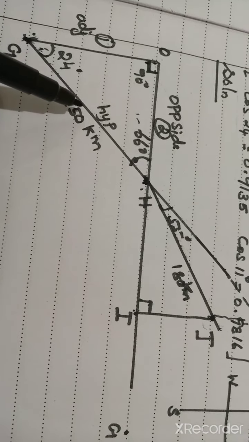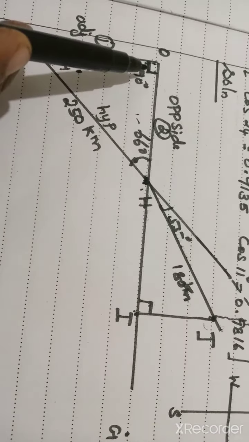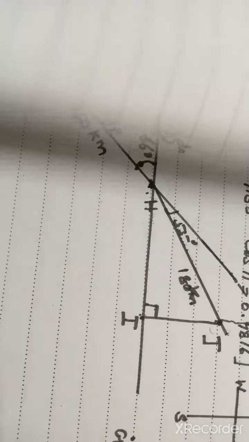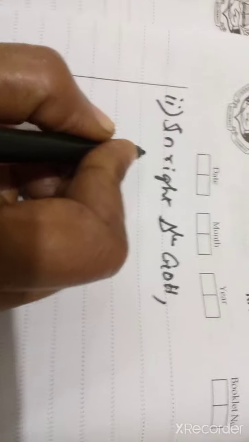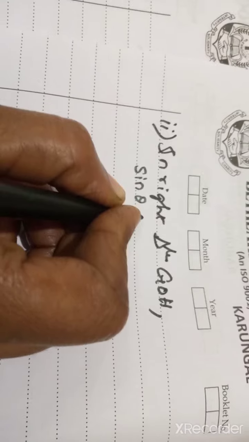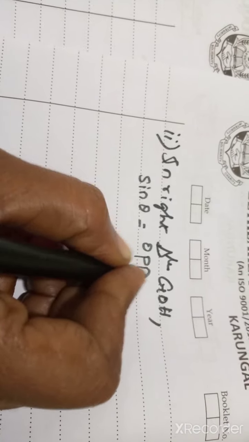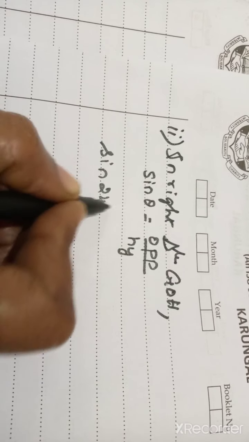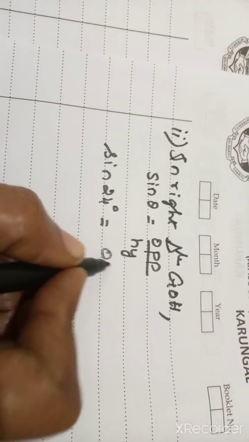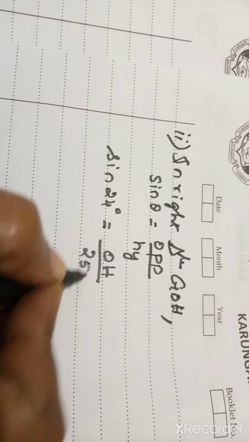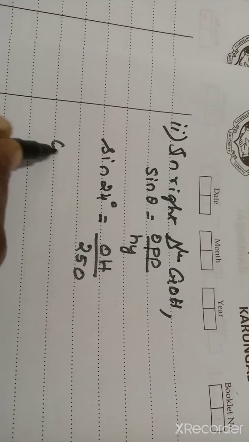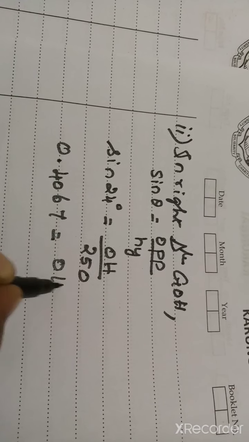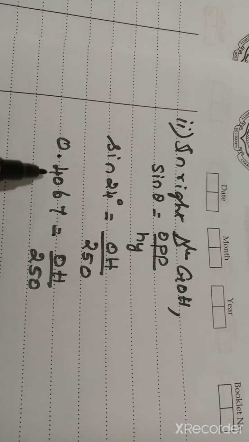Okay. Let us use the sine ratio. Let's take right triangle GOH. In right triangle GOH, sine theta is opposite by hypotenuse. Formula, right? That is theta is 24 degree equal to opposite is OH by hypotenuse 250. So sine 24 value is given, 0.4067 equal to OH by 250. Okay, let's cross multiply.